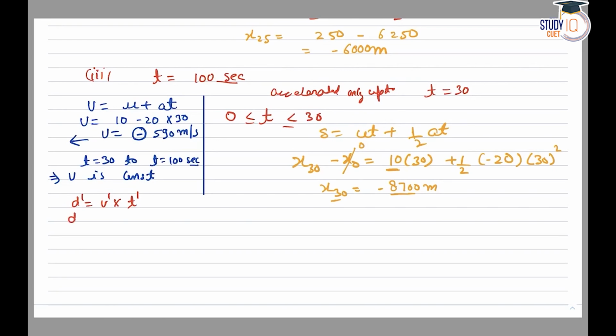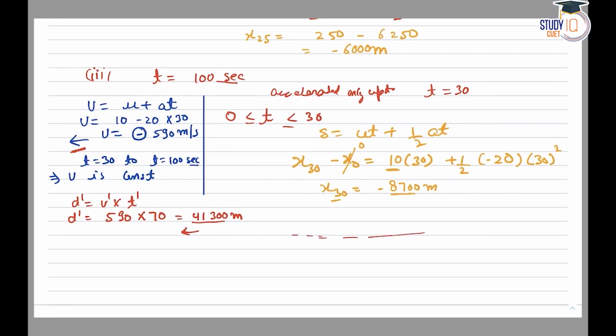So next distance is equal to speed, which is the final speed, that is 590, into the remaining time, which is 70 seconds. So this comes out to be 41,300 meter. As we all know, initially the velocity is in negative direction, so this particle will cover a distance of 41,300 meter in left direction.